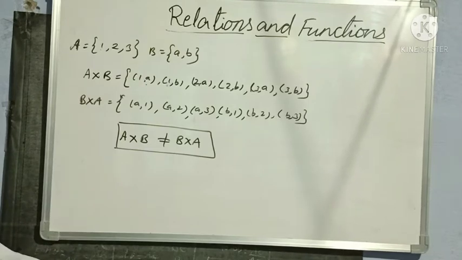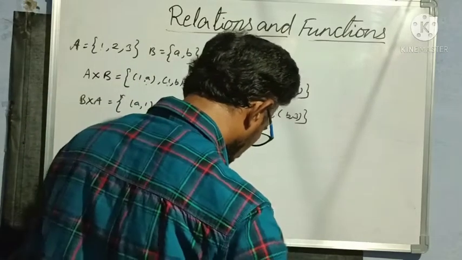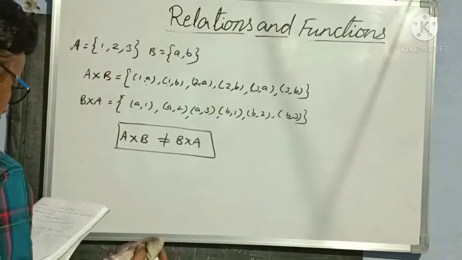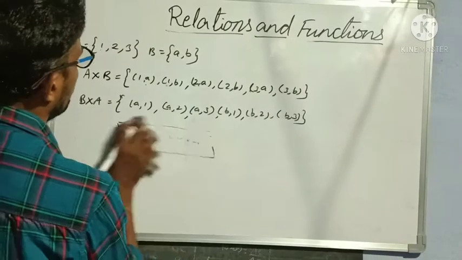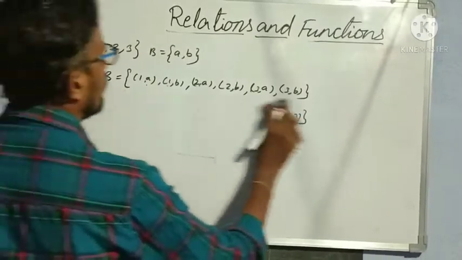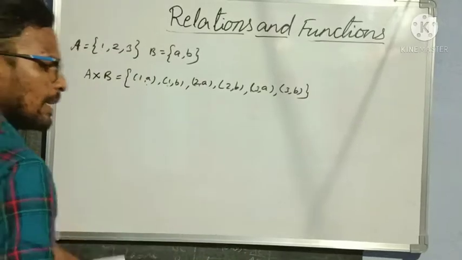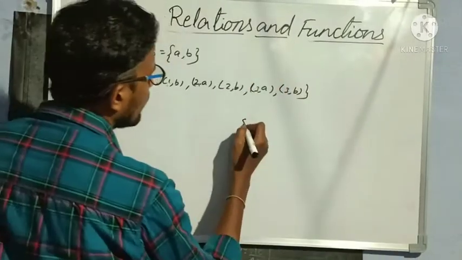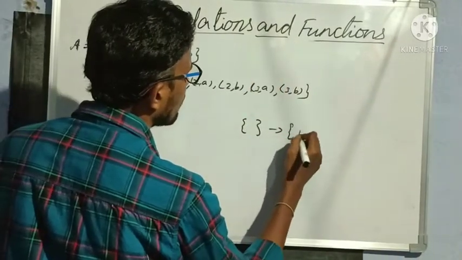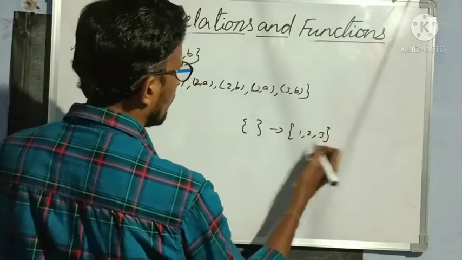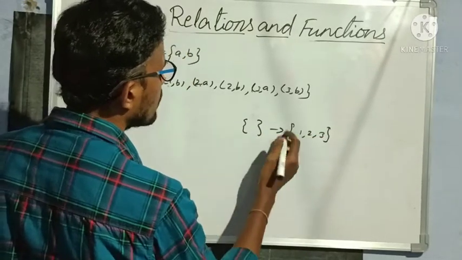Okay. Next, already we have seen about subsets. Now let us see what an empty relation and a universal relation are. So we know that the null set, that is the empty set, is a subset of every set. Am I correct? Suppose I am taking 1, 2, 3 here. If I take the empty set, this is also a subset of every set.